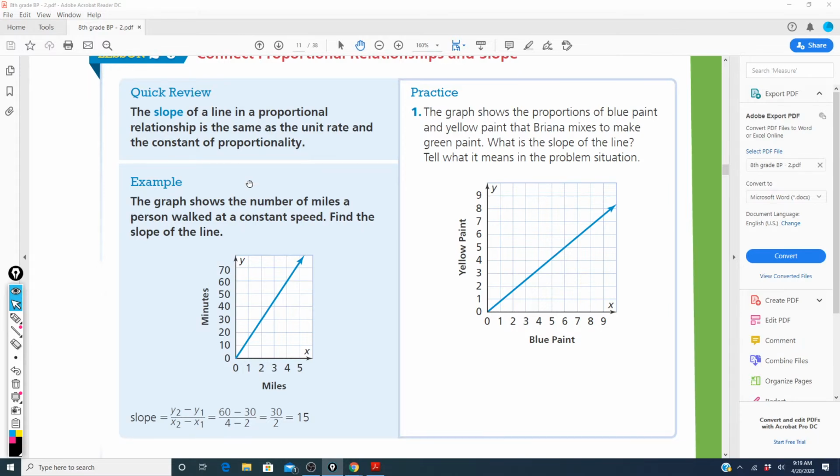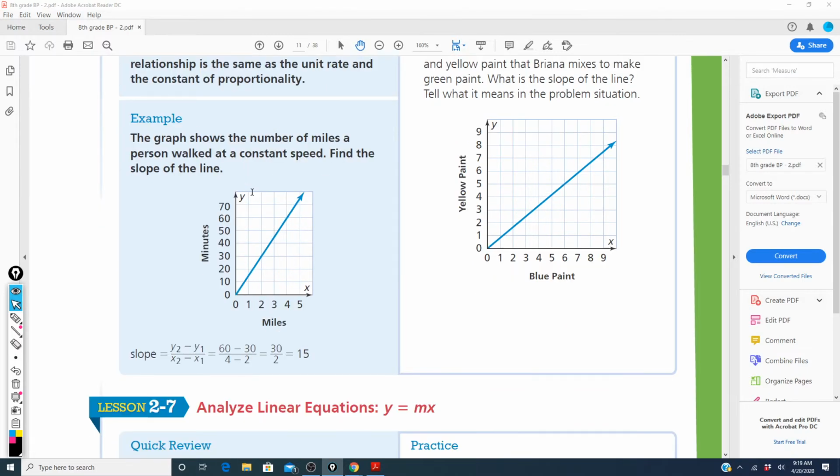So let's look here. Number 1, or the only one that we see here. The graph shows the proportions of blue paint and yellow paint that Brianna mixes to make green paint. So you have to say, well, what is the slope of the line? Tell what it means in the problem situation.